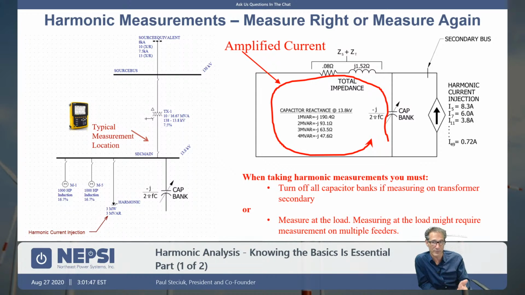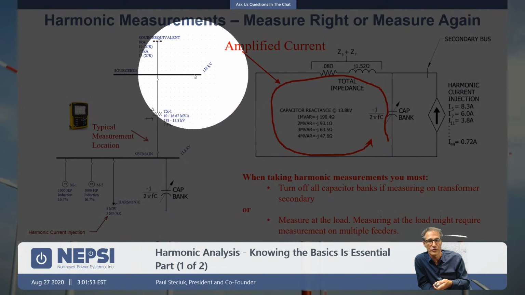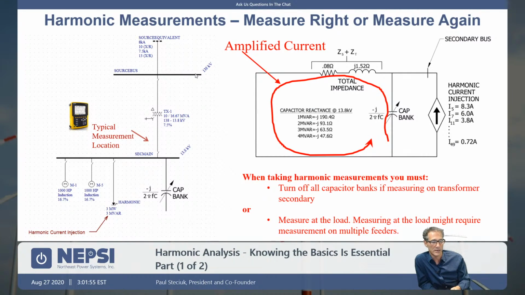And I'm shooting for 5%. So you can have a situation where the voltage distortion out here in the transmission grid might be 1%. And I do see some people that go to the IEEE values and assume the voltage distortion to be that value as an ambient.